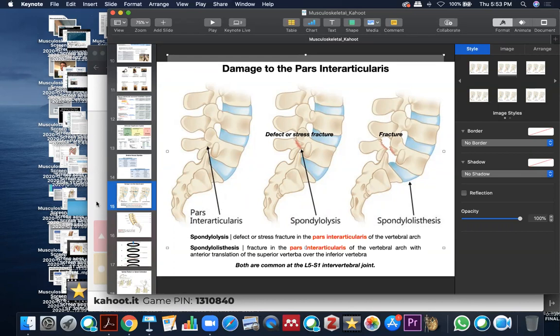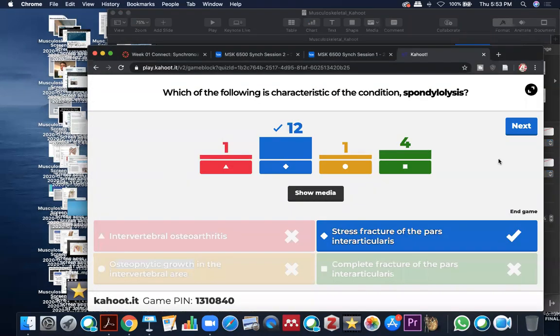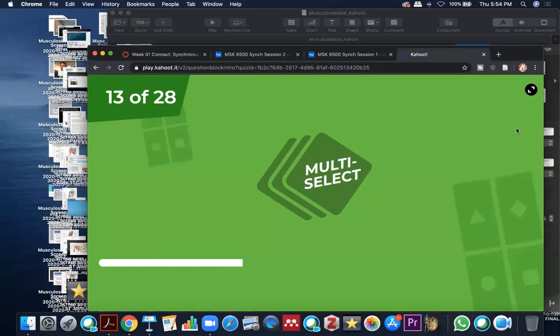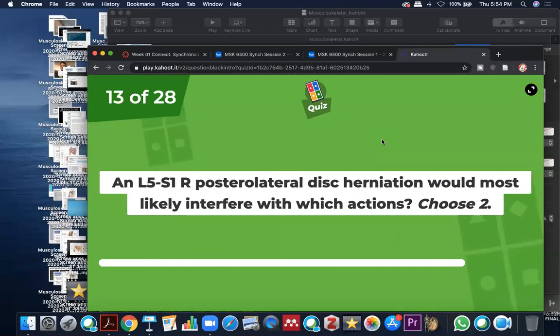So yeah. Okay, let's go to the next question. So spondylolysis, stress fracture, or defect? All right. This one should be two answers.